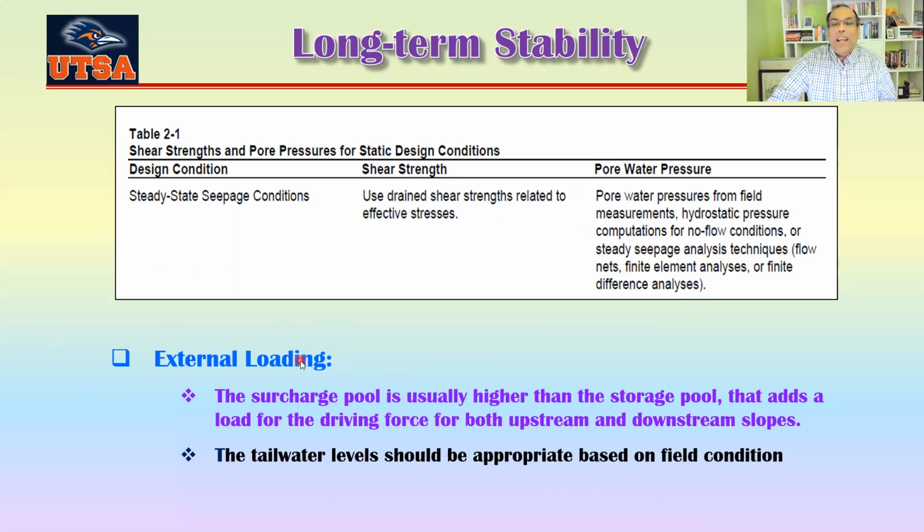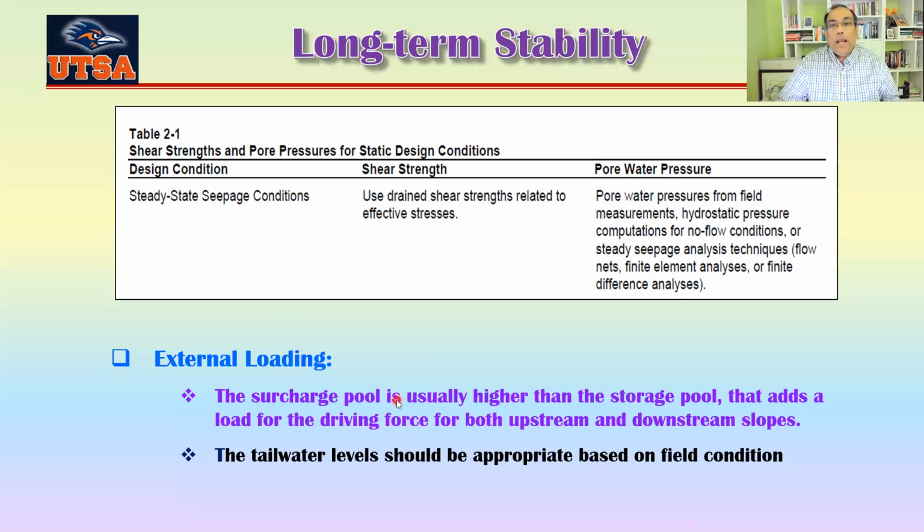What about the external loading? The surcharge pool is usually higher than the storage pool, which adds a load for the driving force of the water, okay, for both upstream and downstream slope cases. The tailwater level should be appropriate based on the field condition, like how low you want to keep that one.